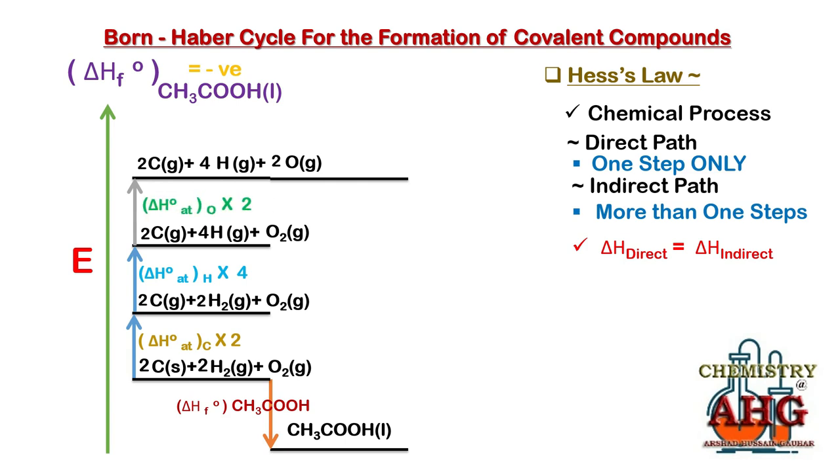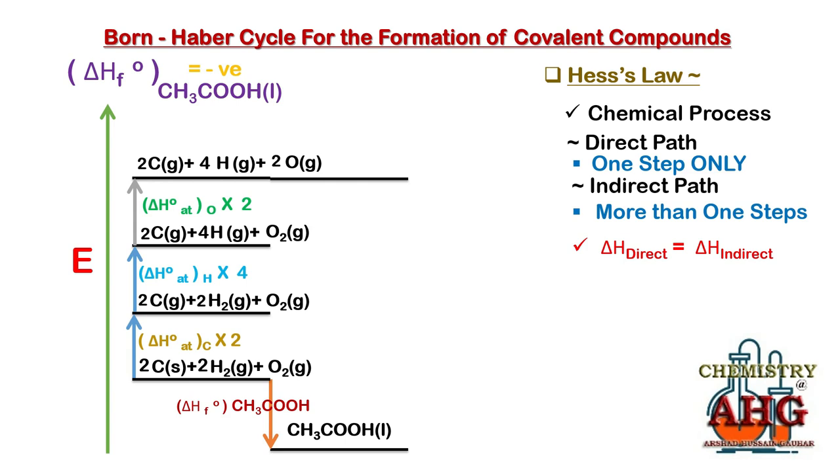Now the atomization of all the elements involved in the formation of ethanoic acid has been completed. Now atoms have got a highly reactive form, so now they are ready to react. Now when they react, they will make covalent bonds. Formation of covalent bond involves which enthalpy?